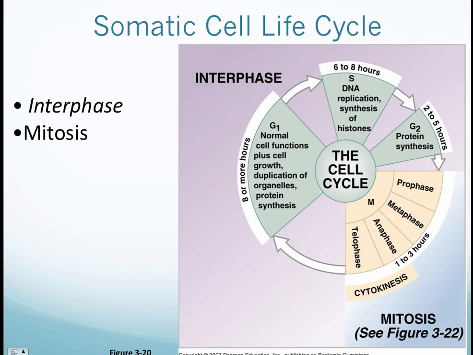Okay, and so really what we're going to focus on for the next couple of slides is the somatic cell life cycle. And so this is split into two major phases, interphase and mitosis. Interphase, we looked at, prepares the cell for growth and DNA replication.